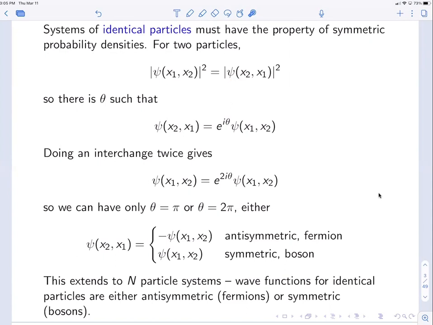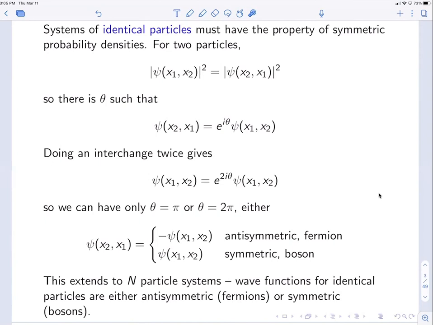So therefore, if we have that the complex modulus squared agrees for two particles, psi of x1, x2 versus psi of x2, x1, then there is some phase theta such that psi of x2, x1 is equal to e to the I theta psi of x1, x2 under this particle interchange process.